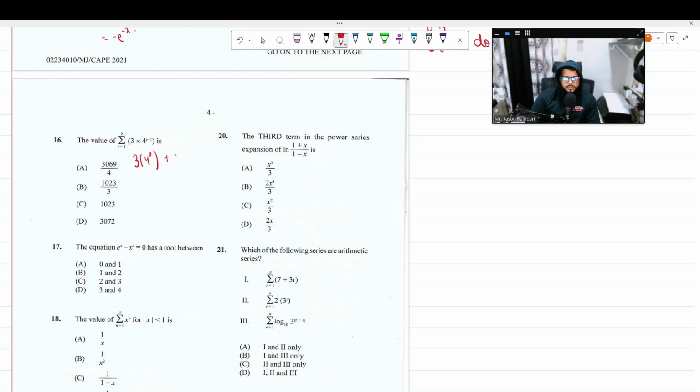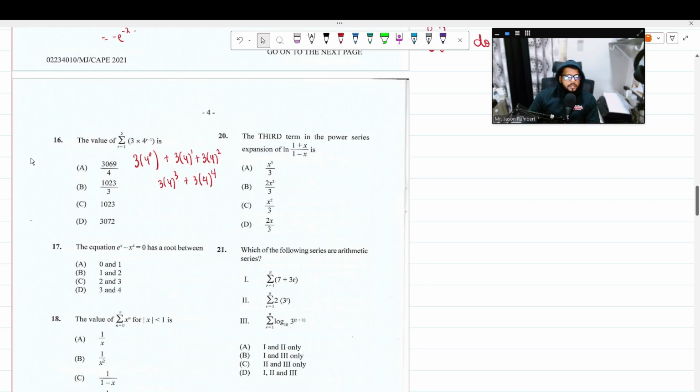When r is 2, 3 multiplied by 4 to the power 1. When r is 3, 3 by 4 squared. When r is 4, 3 multiplied by 4 cubed. And when r is 5, 3 multiplied by 4 to the power of 4.